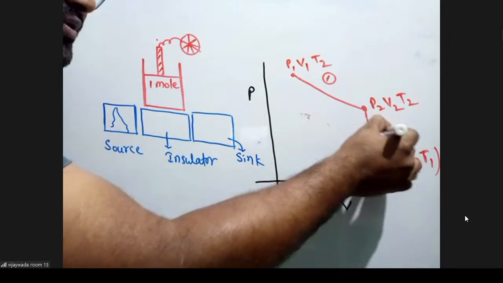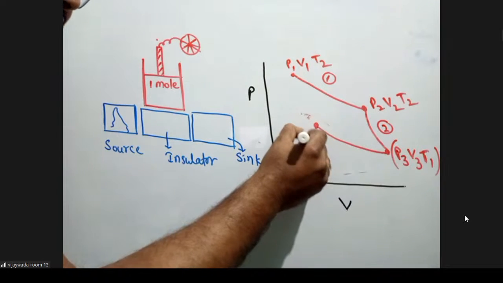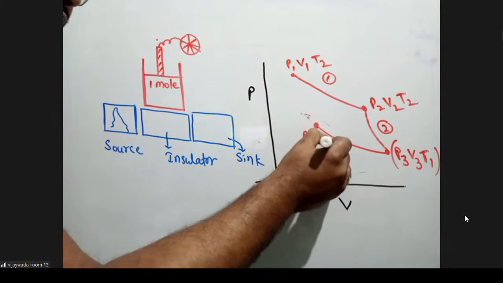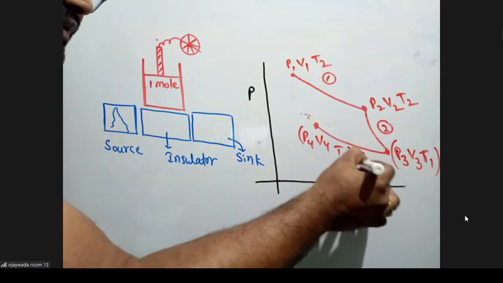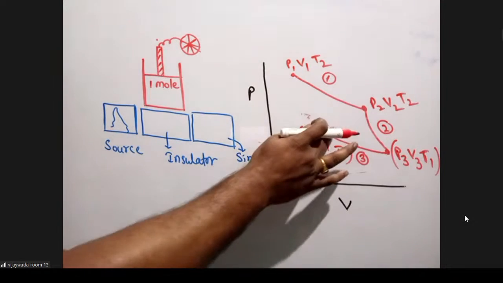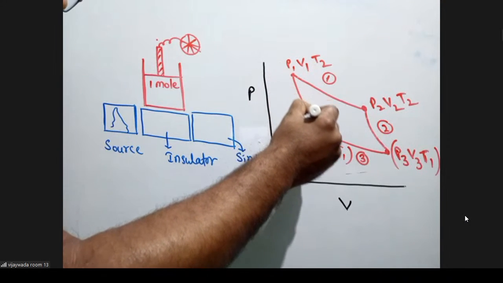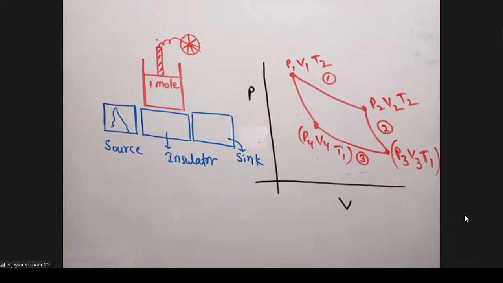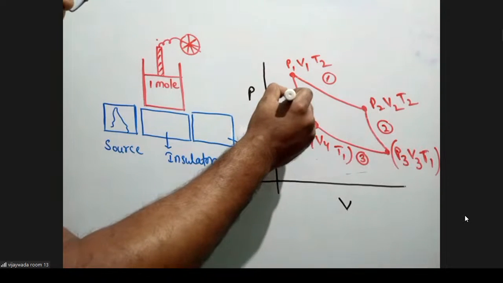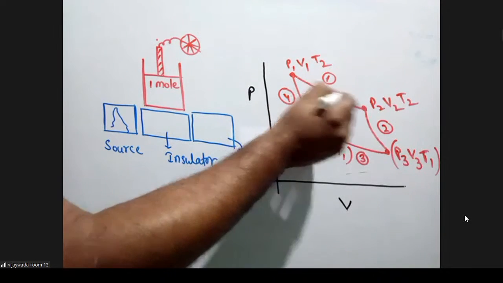This is the third process. Let's say it is P4, V4. Temperature is the same because it is an isothermal process. And the last process, adiabatic compression: volume decreases, pressure increases. Again it comes to the same state P1, V1, T2. Let's say it is the fourth process, adiabatic reversible compression. It is a cyclic process.